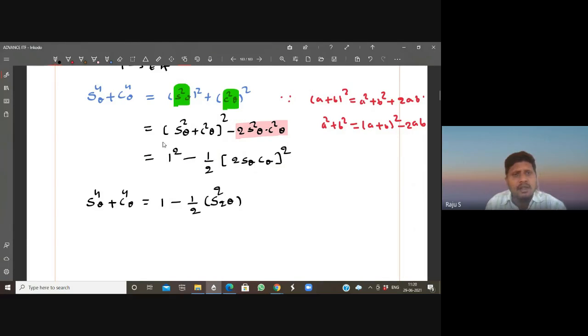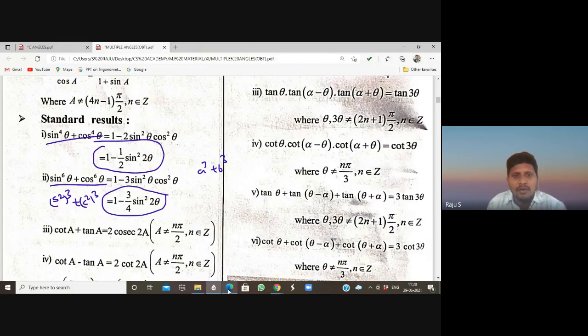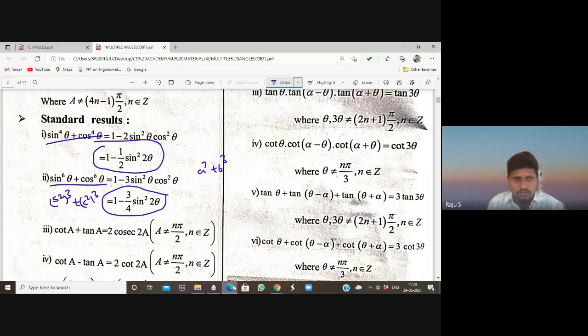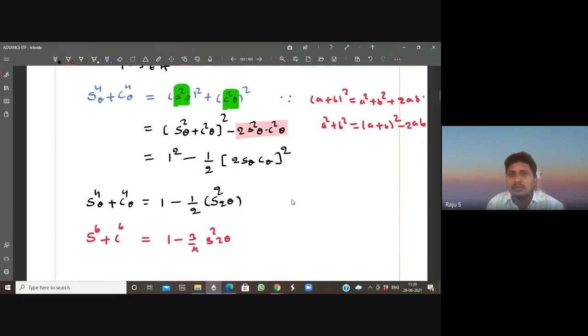Apply that and you will get the answer. So sin power 6 plus cos power 6 is equal to 1 minus 3 by 4 sin square 2 theta. After simplifying you will get the answer.